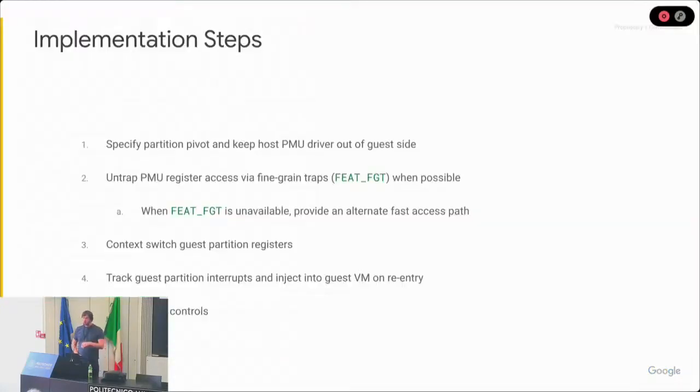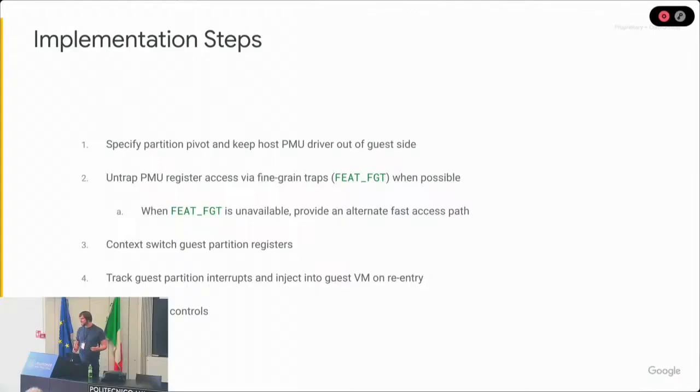Okay, so now I'm going to discuss what implementation steps I've taken. The first thing that's not on here, but I guess you could call it step 0, is I did need to reorganize a lot of the PMU functions and headers because there was a lot of stuff inside the emulated PMU implementation that was really generic to any PMU implementation.